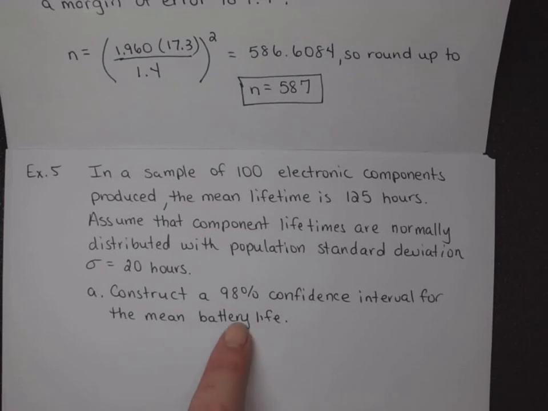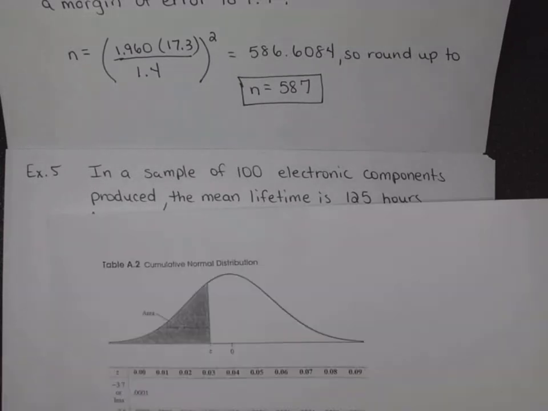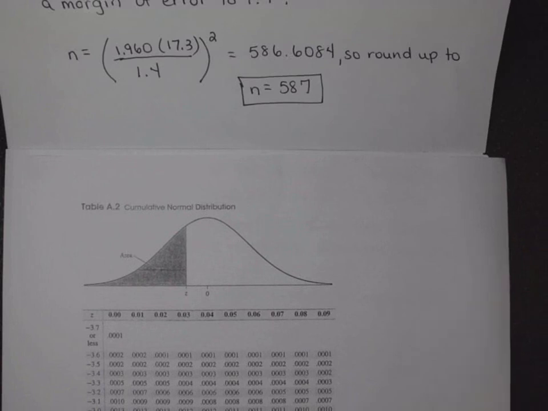So notice if you did 100 minus 98%, you would get 2%, and then if you divide it by 2, you get 1%. So if we look at this chart and find the closest thing to 0.01, it looks like maybe that is the closest. And so we end up getting a z-score of about 2.33.